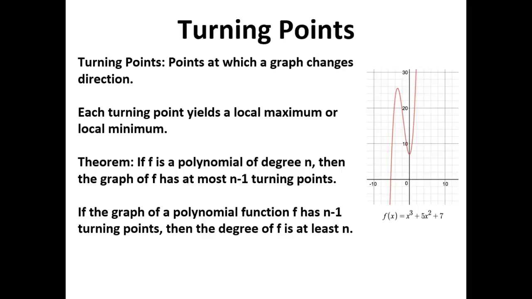Or where there's a tipping point or something like that. So turning points are points at which a graph changes direction. In this particular graph, we have 2 of them. There's a turning point here because it changes direction. It was going up, now it's going down. And then there's a turning point there.